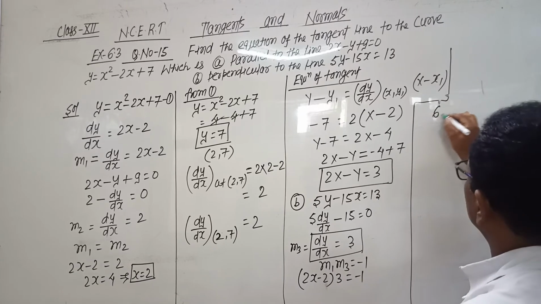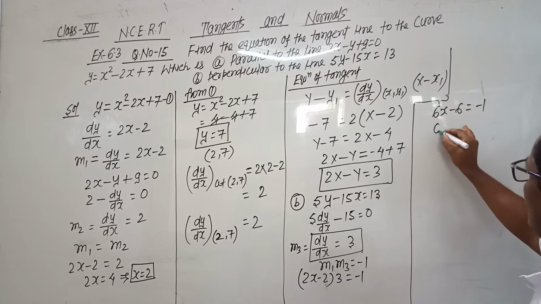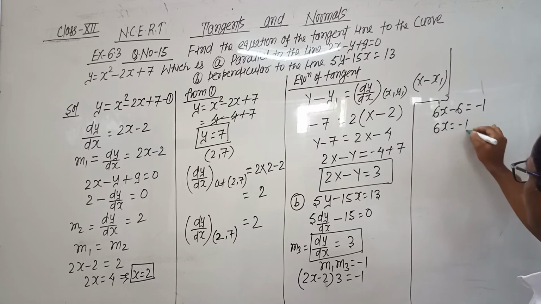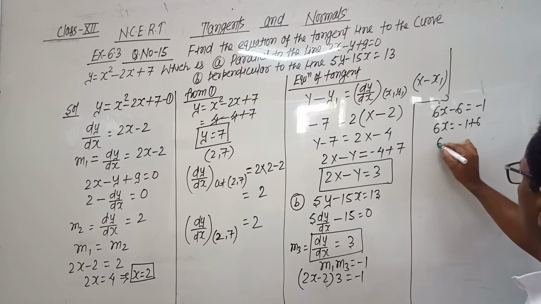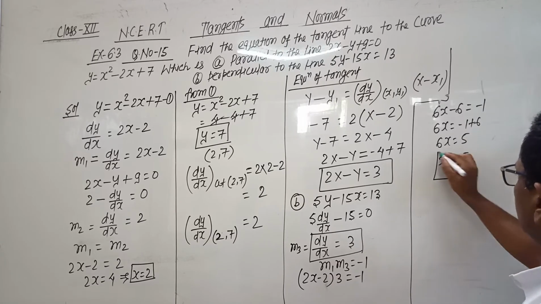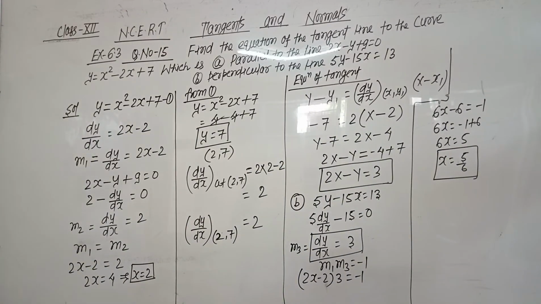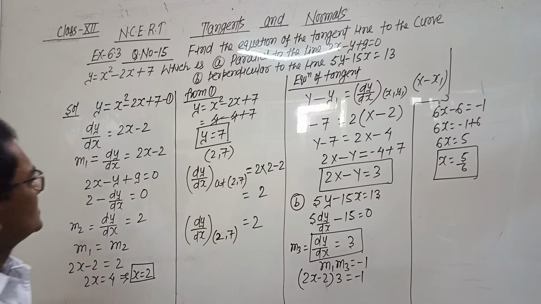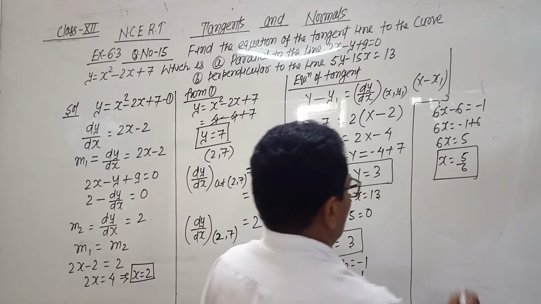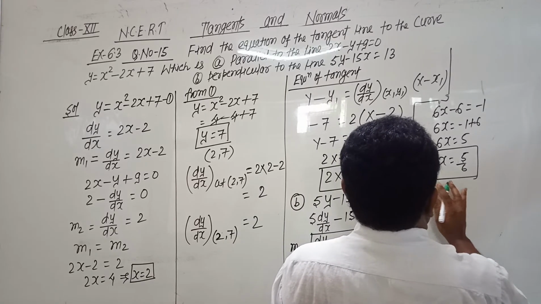So 6x minus 6 equals minus 1, and 6x equals minus 1 plus 6, and 6x equals 5. The value of x we get is 5 by 6. In the second case, the value of x comes to be 5 by 6. Now put the value of x in the first equation for finding y.